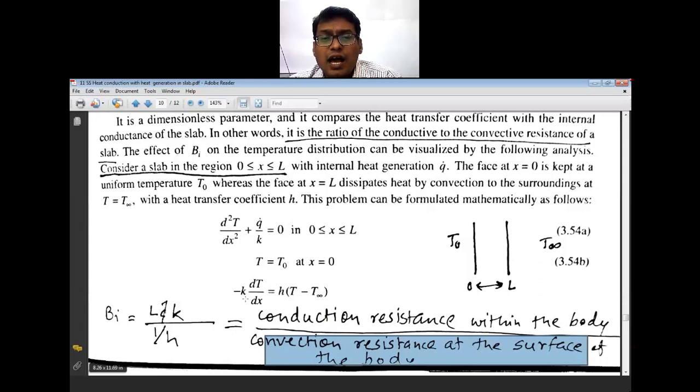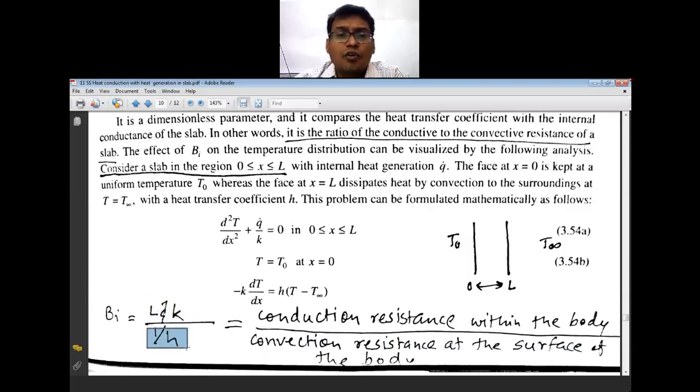The same thing is there, HL upon K. So L upon K is the conductive resistance and 1 upon H is the convective resistance. K is the thermal conductivity, H is the convective heat transfer coefficient. So resistances are 1 upon K and 1 upon H. We have already talked about these resistances.